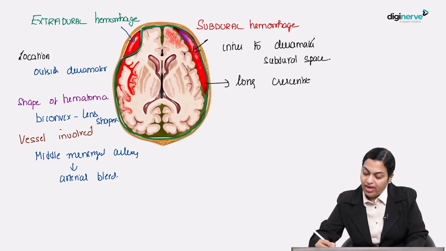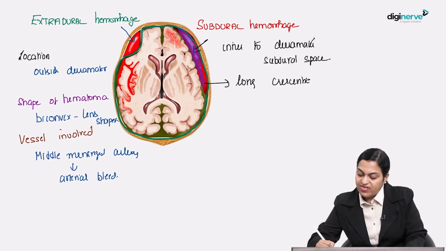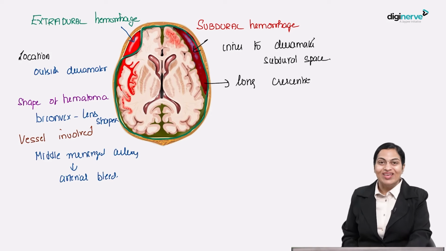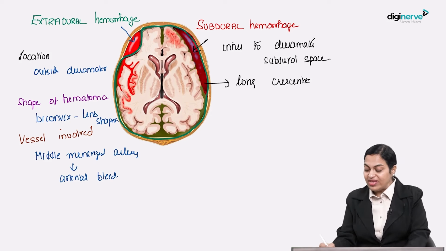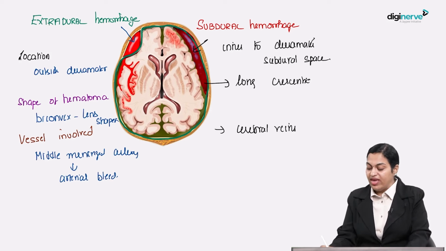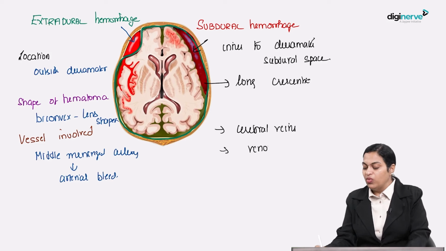So this is the hematoma that you see here in the subdural hemorrhage. Yes, beneath the dura mater. And yes, just now we saw, the vessel involved here is the cerebral veins or the bridging veins. Hence, it is going to be a venous bleed.